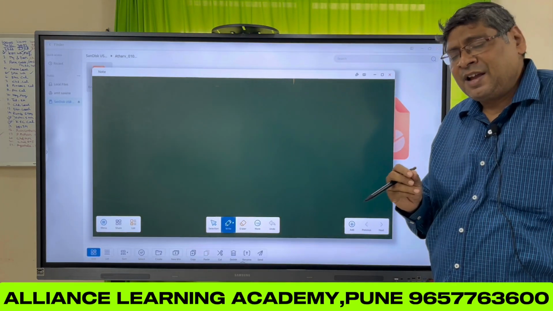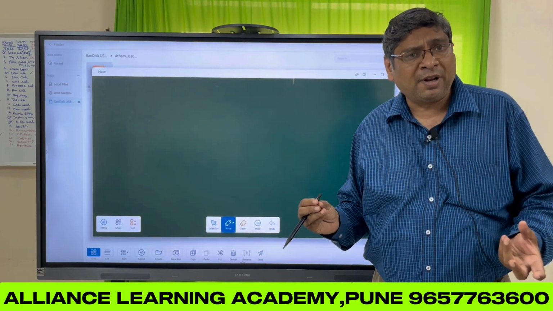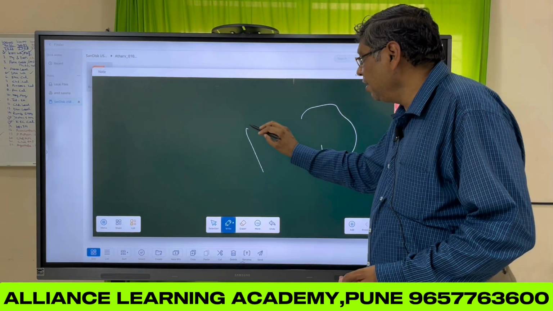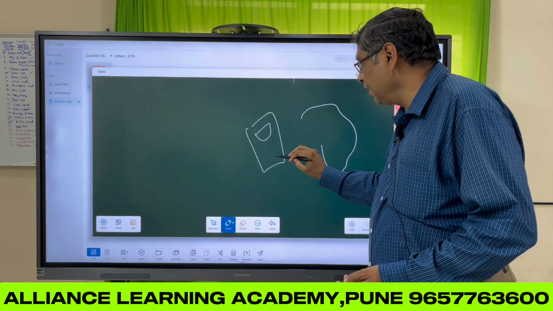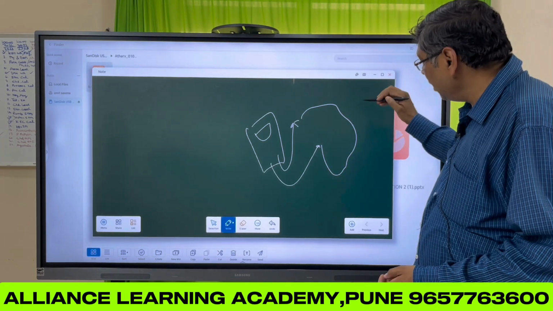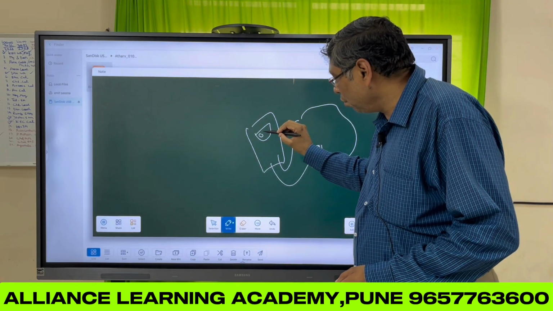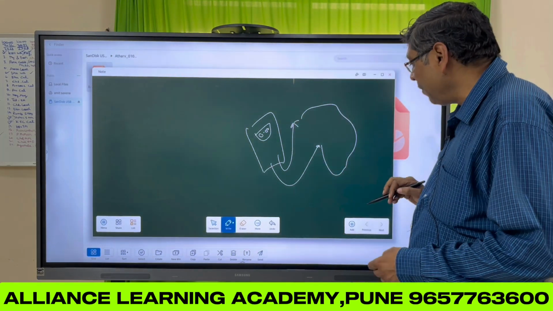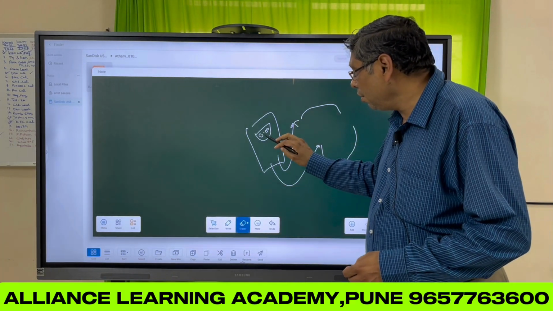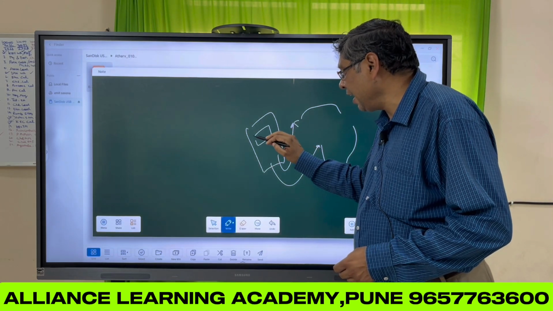If I have to check the continuity of a cable, this is the cable, this is my multimeter, this is probe 1 and this is probe 2. If the continuity is okay, it will show 0. And if it is discontinued, then it will show something like this.